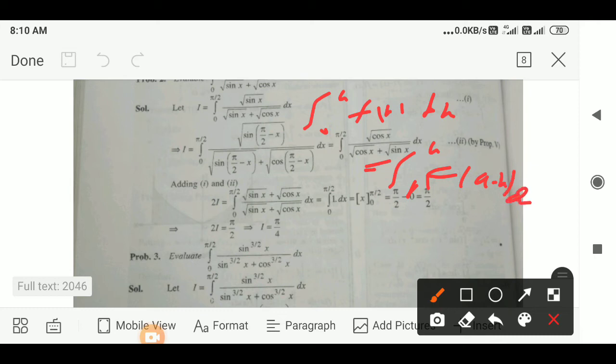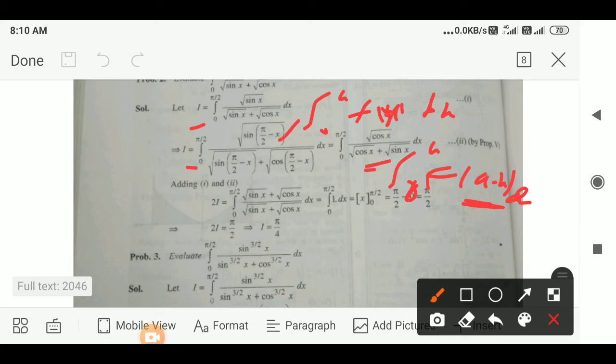In place of a, here is pi by 2, and the lower limit is 0, and so we replace each x of the function by a minus x. That means we replace each x within the function by pi by 2 minus x.